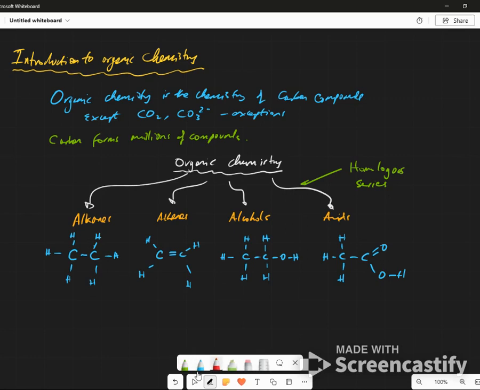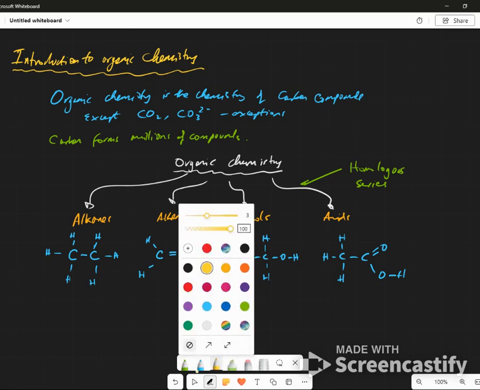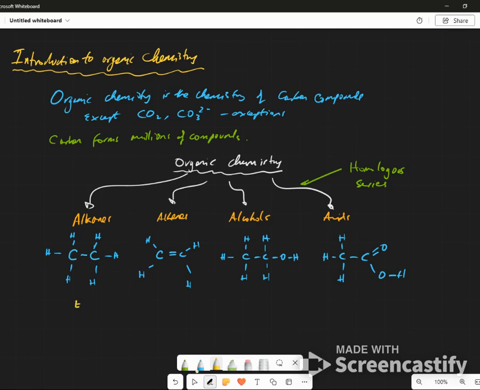I've purposely done it so there are two carbons in each. So this is eth, this is eth, this is eth, and this is eth. Eth means 2. The number of carbons gives the name.